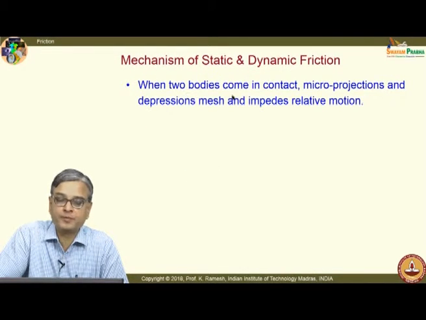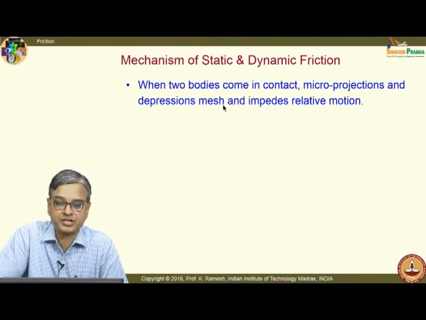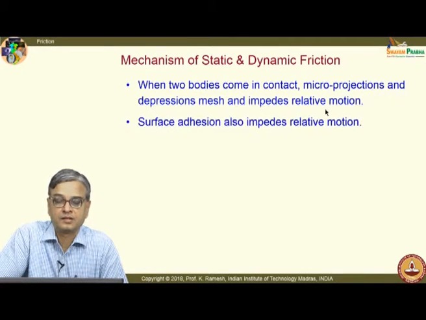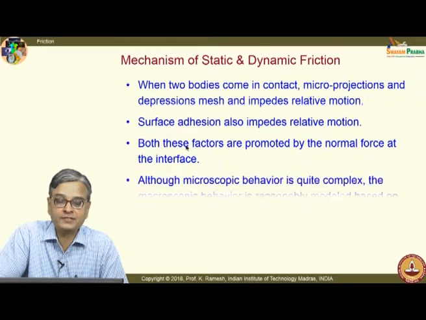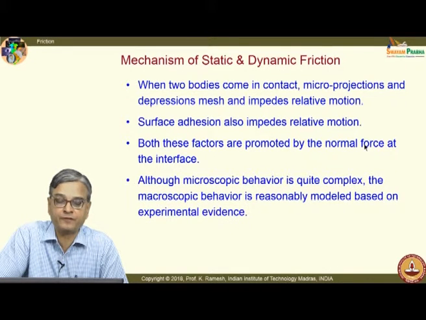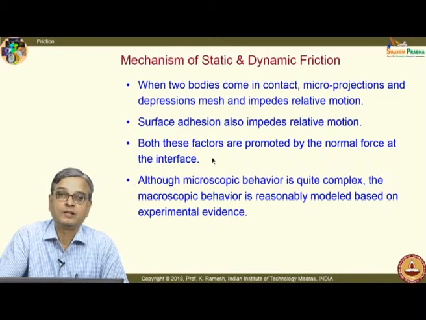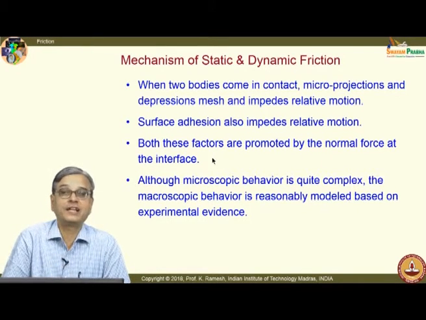When two bodies come in contact, micro projections and depressions mesh and impede relative motion. Surface adhesion also impedes relative motion. Both these factors are promoted by the normal force at the interface. So, this is where the difficulties come.